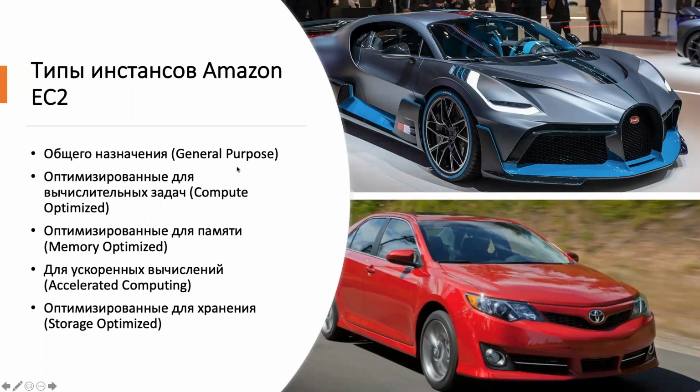So you can think of general purpose EC2 servers as a Toyota Camry, where your application is not CPU intensive, not GPU intensive. It's just a normal application which may have some spikes over a weekend or once in a year. For those kinds of applications, you can use general purpose EC2 servers.